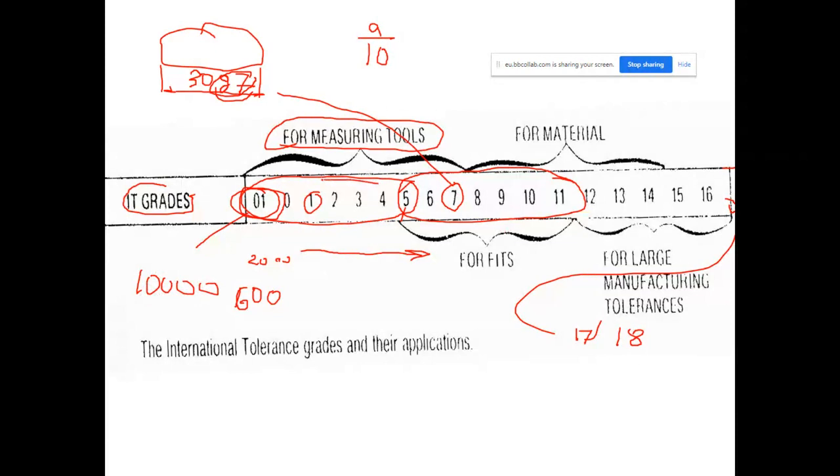This part of the spectrum corresponds to the IT grades used for sizing the inspection instruments. For non-functional features, the IT grade corresponds to this part of the spectrum, 16, 17, 18. Those IT grades correspond to the very coarse tolerance classes.